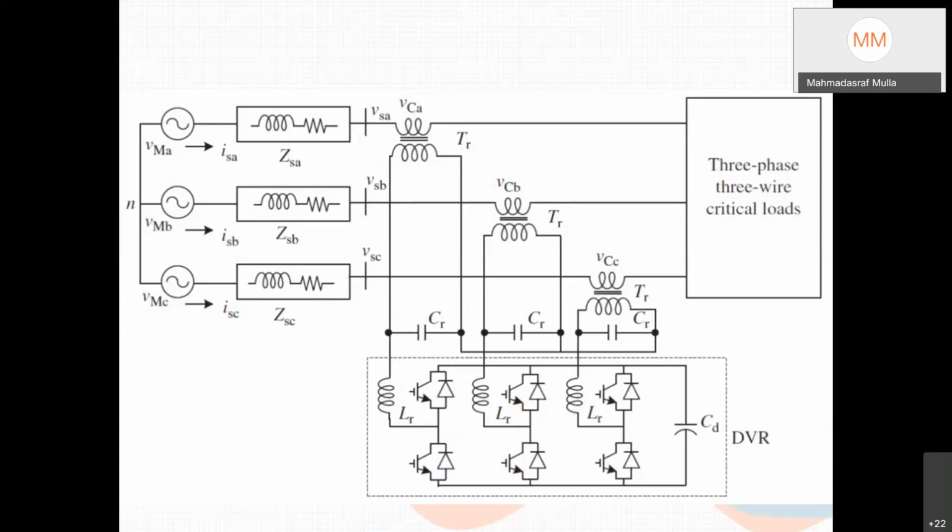In terms of the number of elements required to construct it, it is the same. The difference is the voltage signal instead of current signal. In the previous case we were producing lagging and leading current; here we will produce lagging and leading voltages.